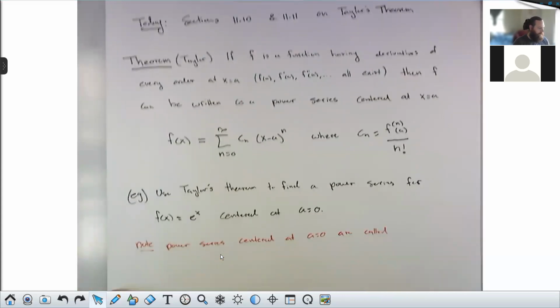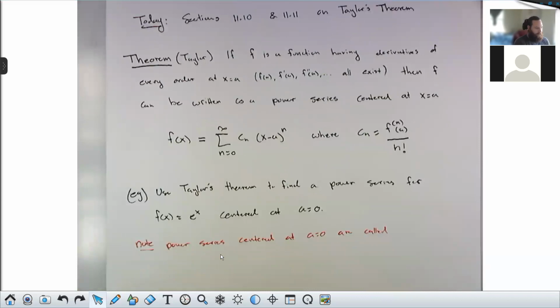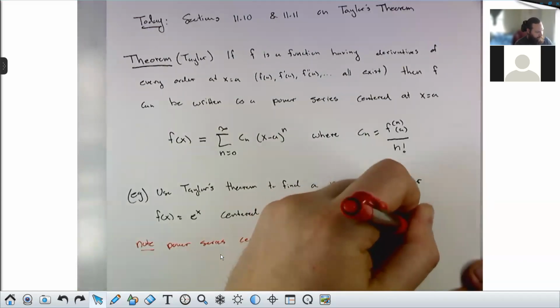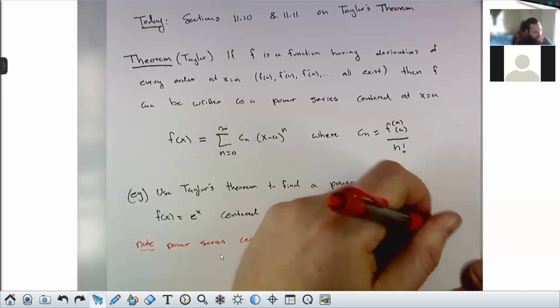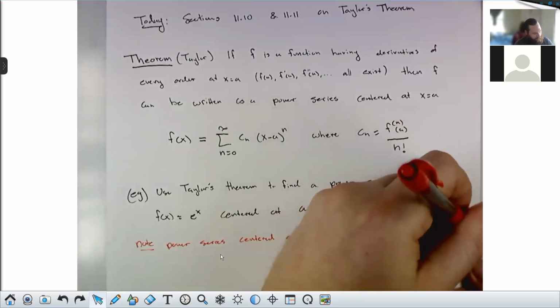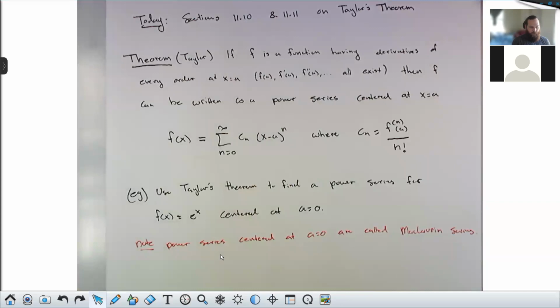People do that. Sometimes they call these Maclaurin series. I guess Taylor and Maclaurin were two mathematicians of the era, and probably Maclaurin discovered the version of this formula where a is equal to 0 before Taylor found the general one for an arbitrary center a. So sometimes your homework or textbook will refer to a power series centered at 0 as a Taylor series, but it means the same thing.